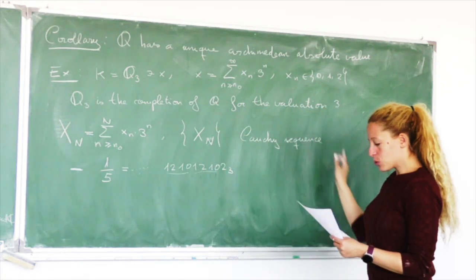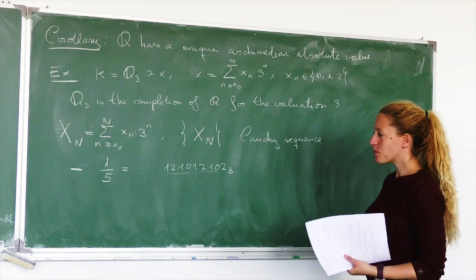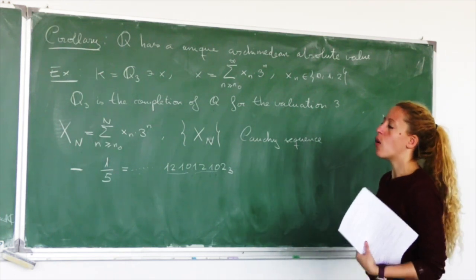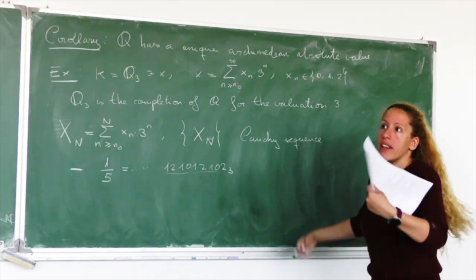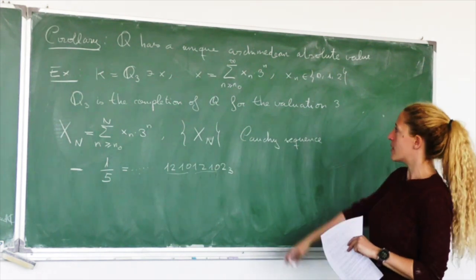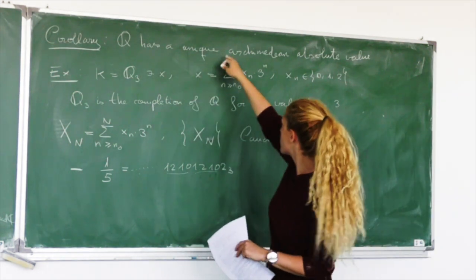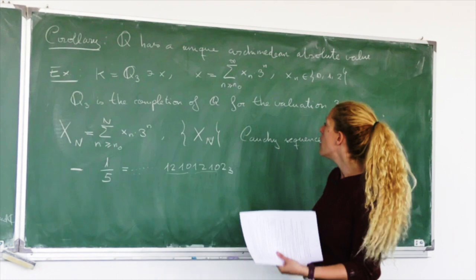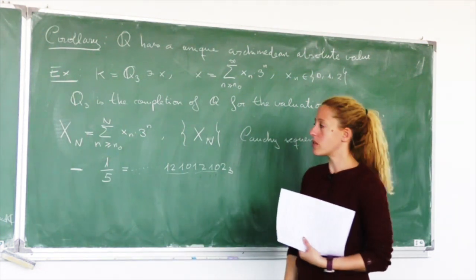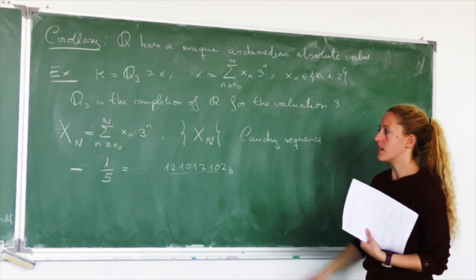Okay, so that was an example that was needed at some point, but now I'm going further. We know which ones are all the absolute values for the rational numbers. We saw that the Archimedean one is the classical, standard one, and then the non-Archimedean ones come from prime numbers, so the p-adic ones, like in this example.